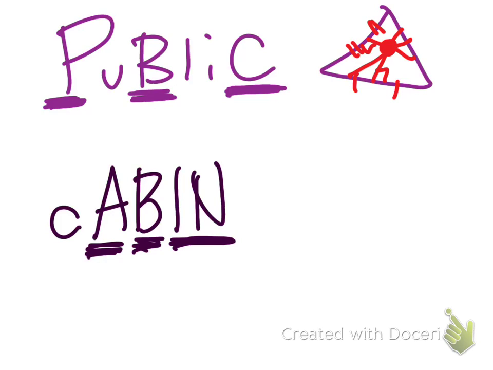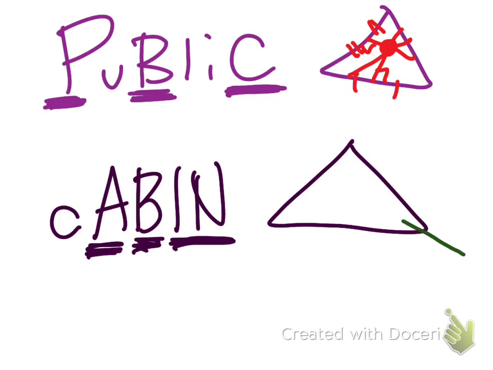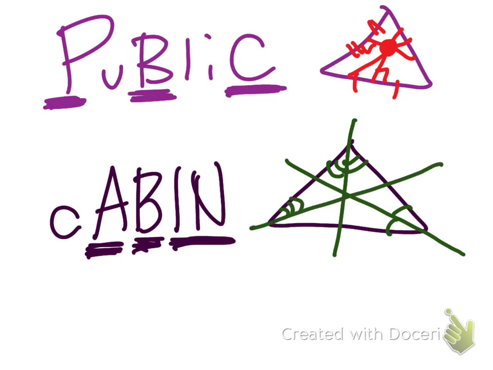So when we had all of those angle bisectors from before, so I had an angle bisector here, an angle bisector here, and an angle bisector here, they all met up right here, which was called your in-center. So again, this cabin word, that's no mathematical word, but it just helps you remember that that's called the in-center.